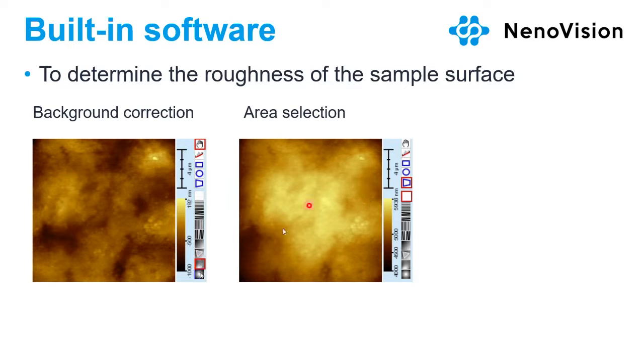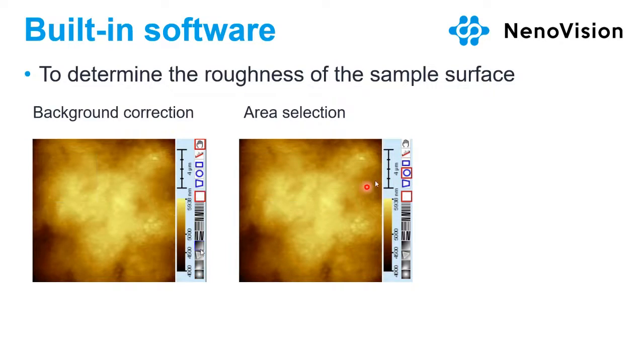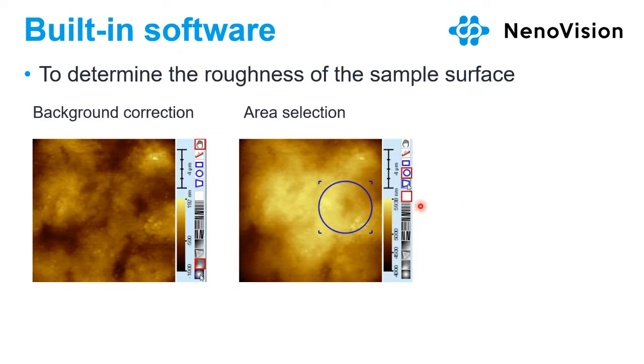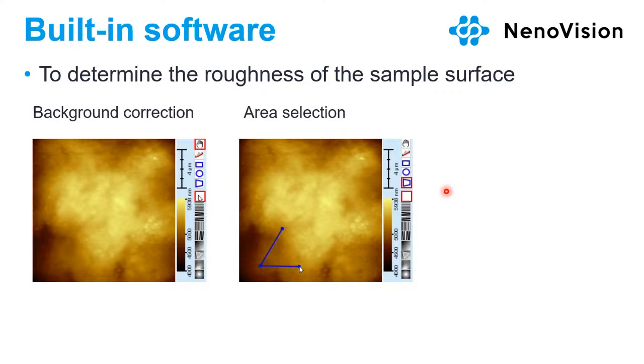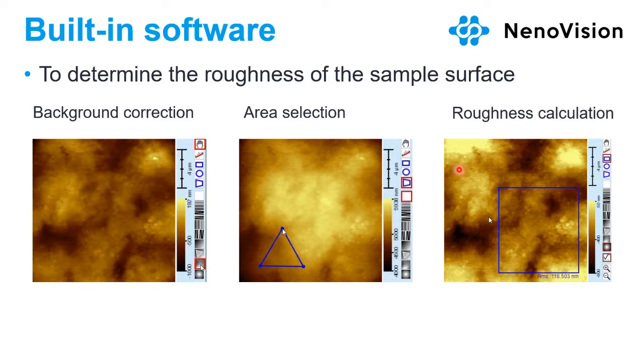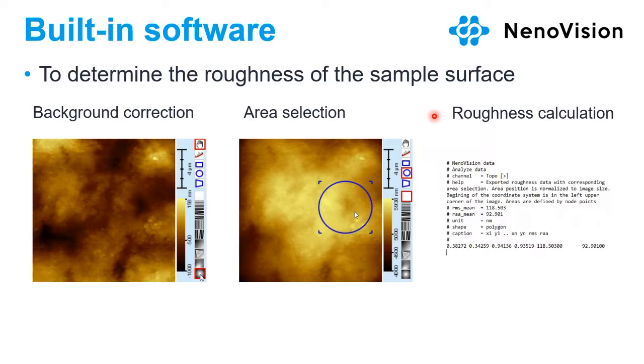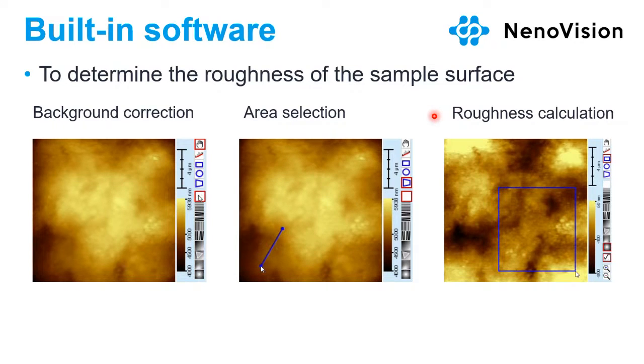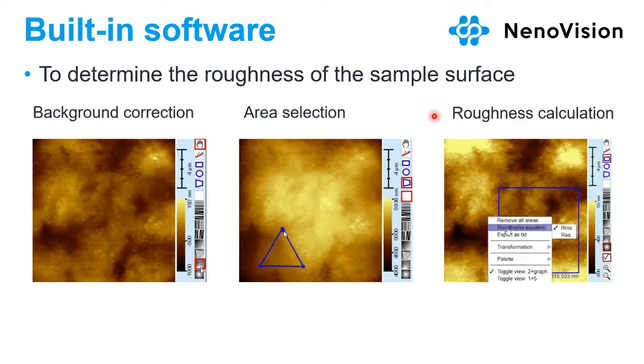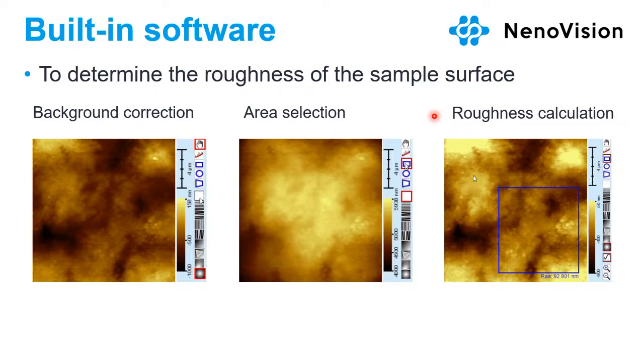The second thing, we need to select the area we calculate the roughness from. We have several different shapes we can use. And the last, we calculate the roughness. We choose the parameter. Afterwards, we can set several squares or areas of interest, and afterwards we export it.